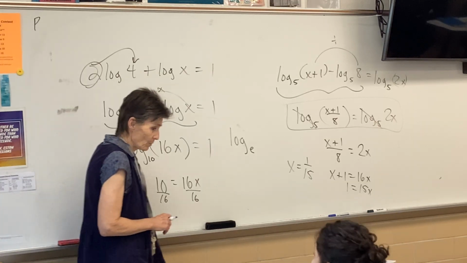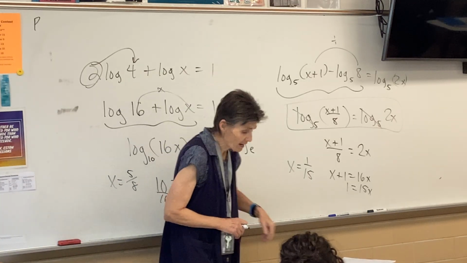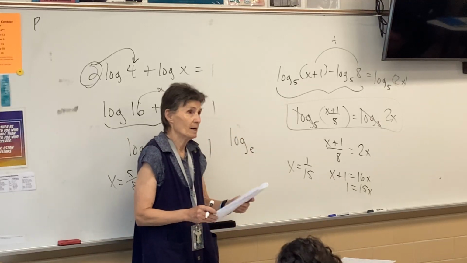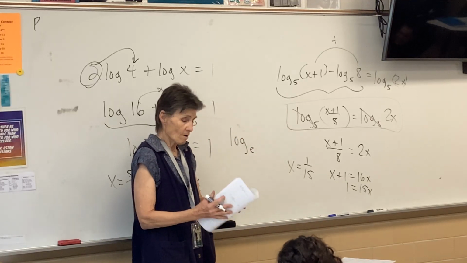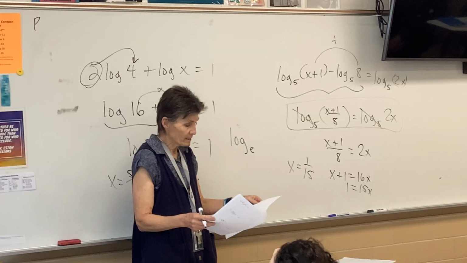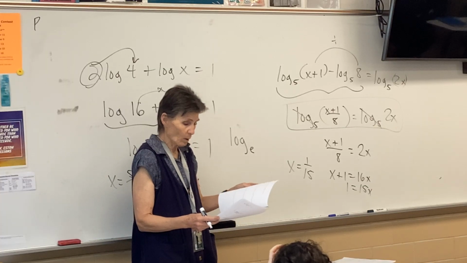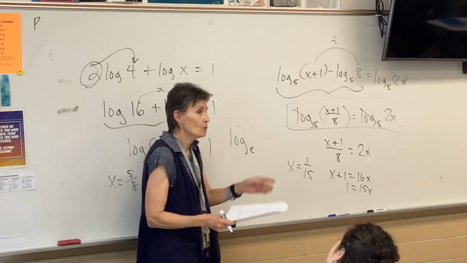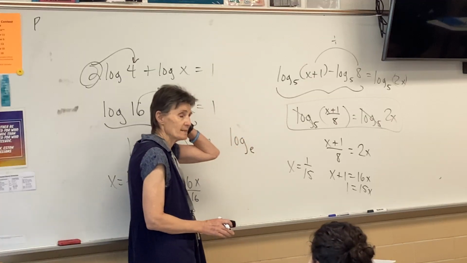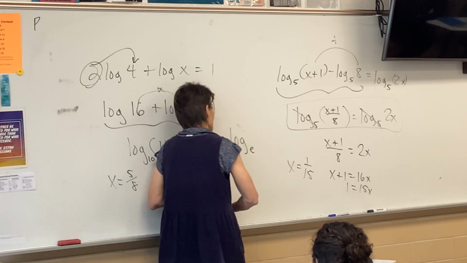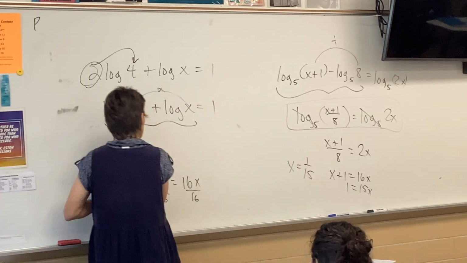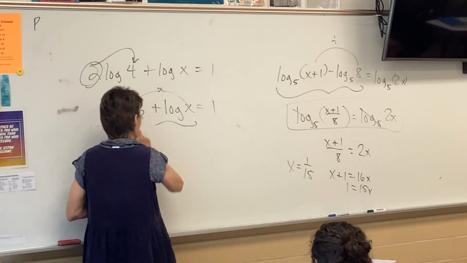Now, by the way, there are 4 formulas that you need to be aware of. 2 of them you will need to memorize, the other 2 you won't. So there's 2 formulas that we are working with today.